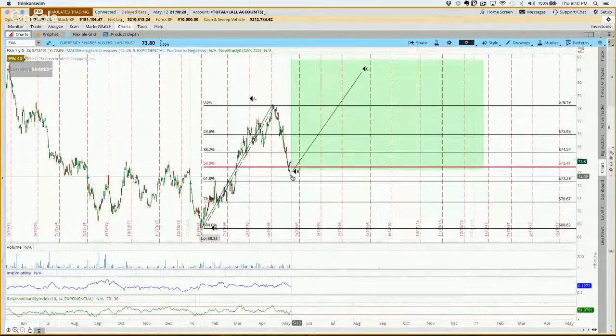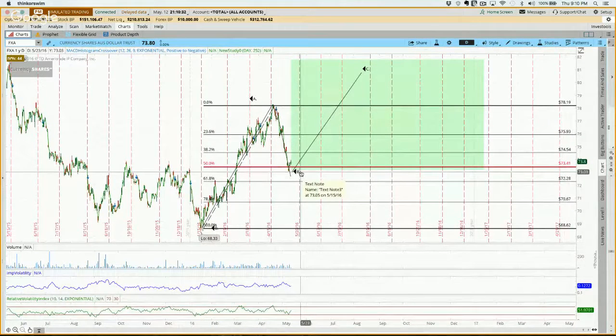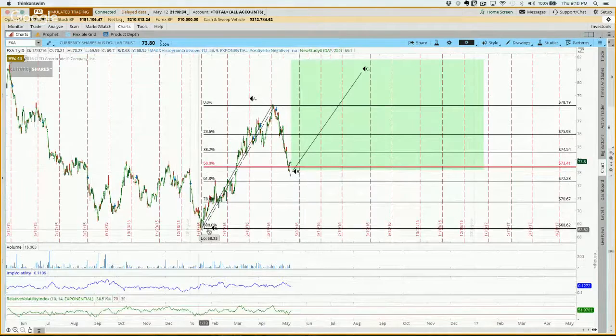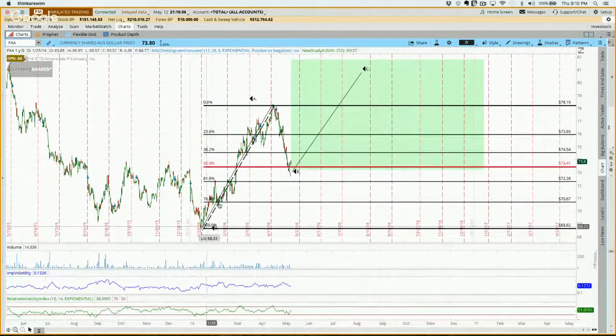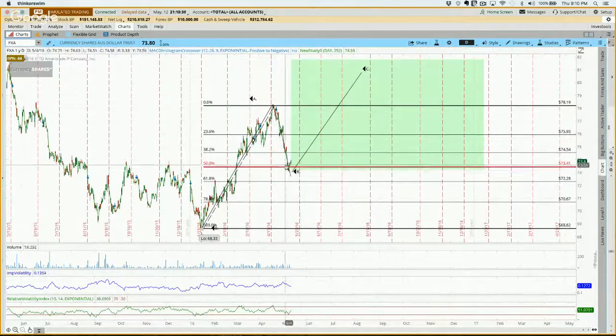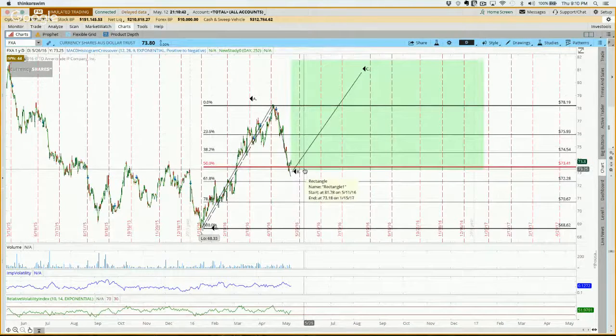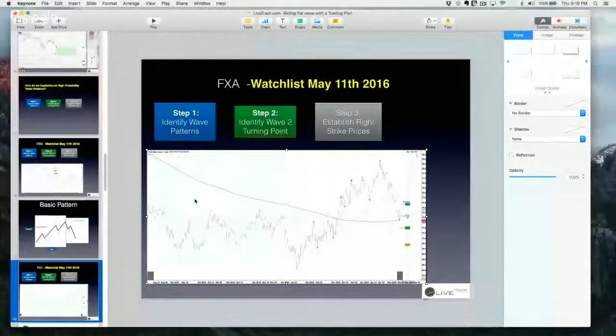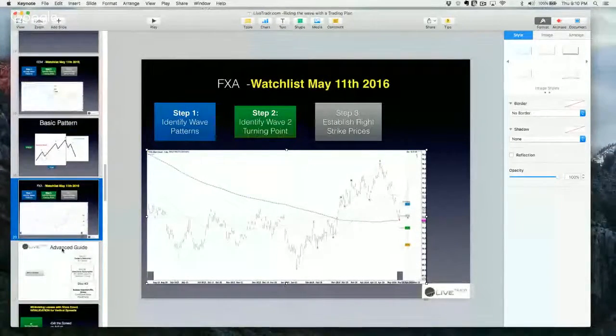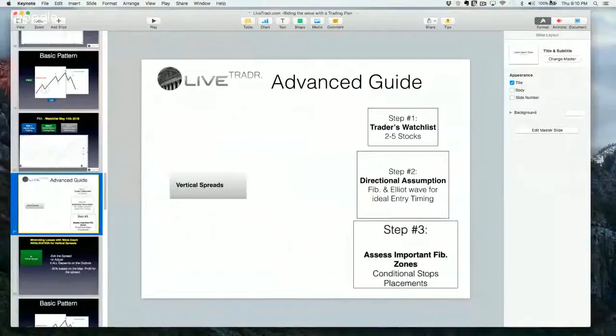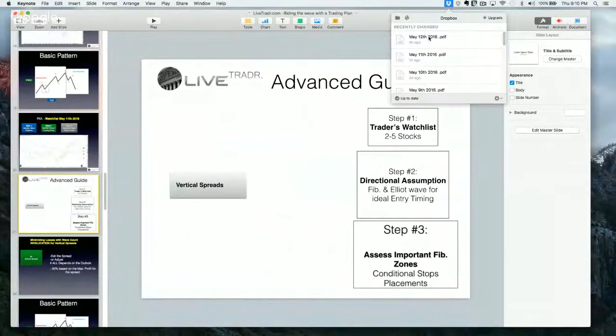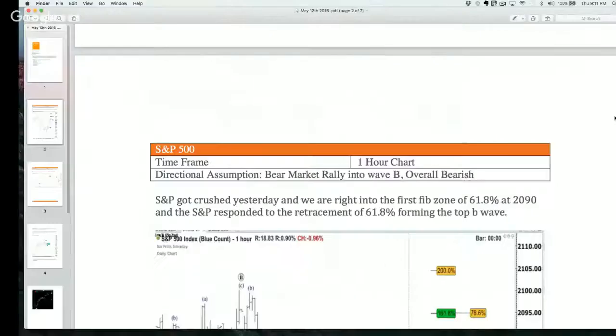All right. Now the bottom line is you're trying to identify the turning point of wave B. So to do that, I'll be drawing a fib retracement from 0 to A, 50%. Okay. This will be a turning point for wave B. Right? So that will be for FXA. So let's look at the latest report.